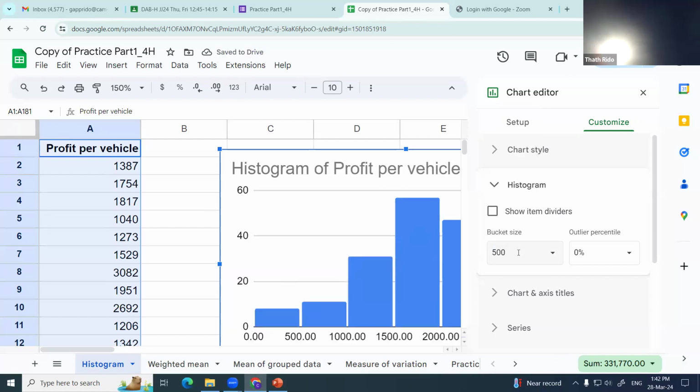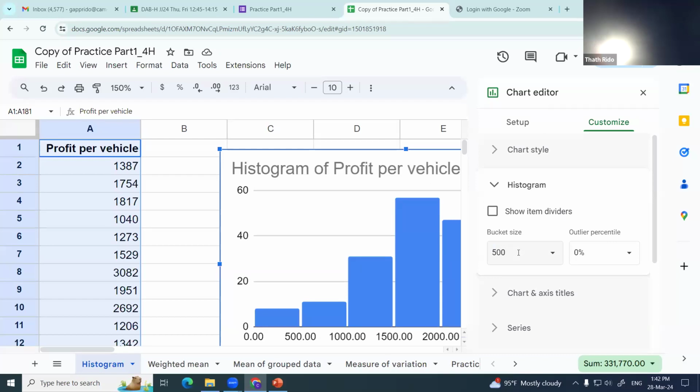Bucket size in Google Sheets means class width in our lesson. We know this from when we created the pivot table, where our pivot group rule interval size was 500.